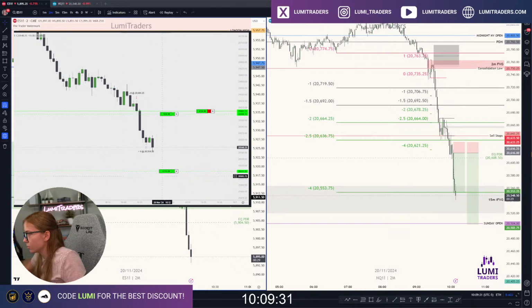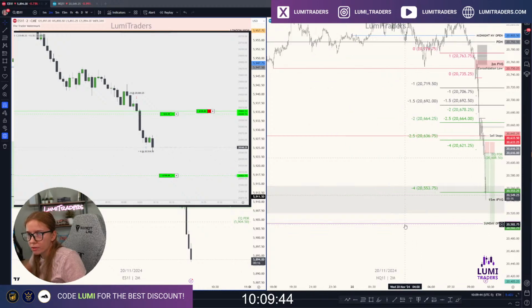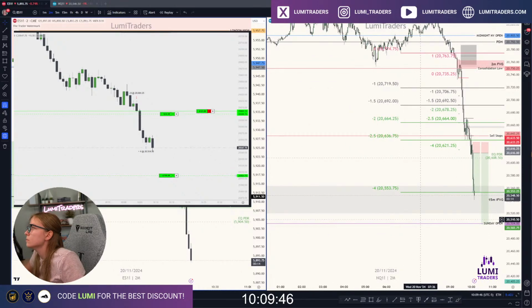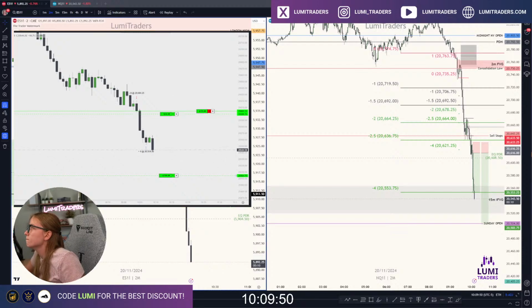Oh, by the way, weekly open is slightly lower. I'm not meant to get 100 points straight. Any liquidity levels in the way? Which one, I guess? Which one do I have right here?